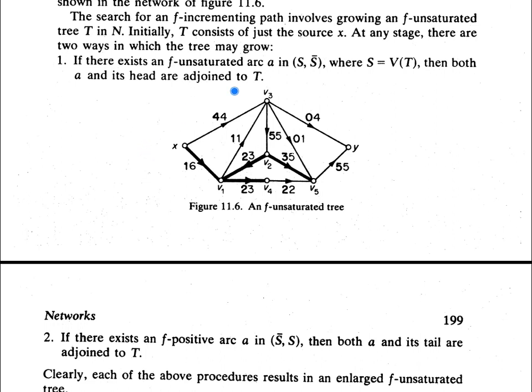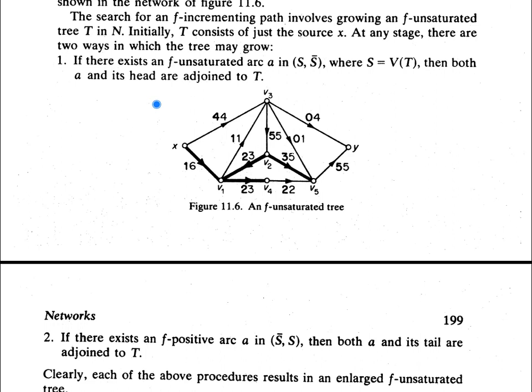We have two possibilities for making the tree grow. You might have an F unsaturated arc from the set S already settled to its complement, and in that case you add that arc and the new vertex you have reached.